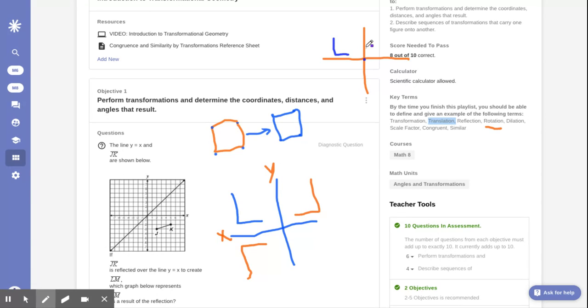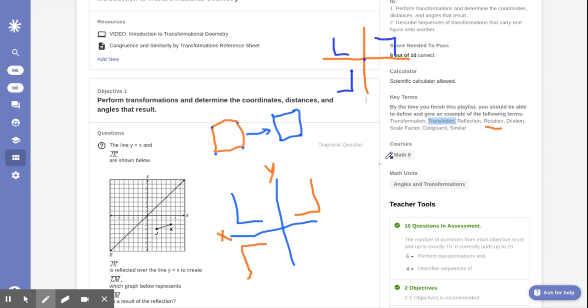So if I had something, say, here, and I'm going to rotate it 90 degrees clockwise, it's going to look like this. Or if I was going to rotate it 90 degrees counterclockwise, it would move down here. Okay? So it's just shifting it, but you have to think about visually what it's going to look like.